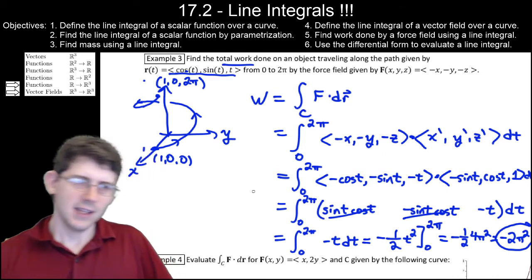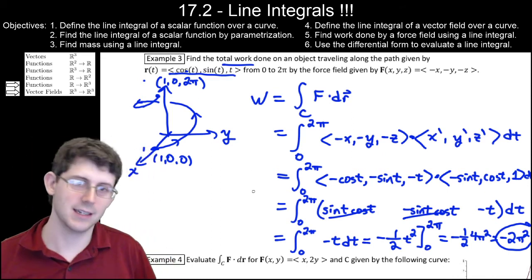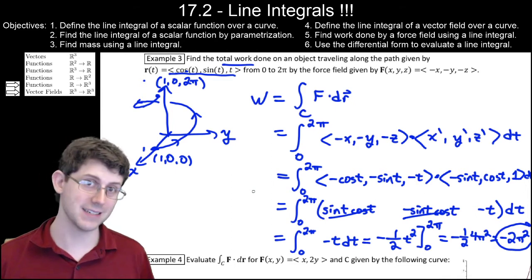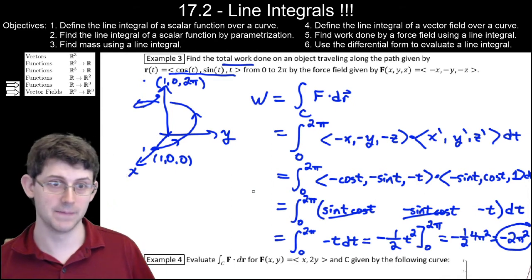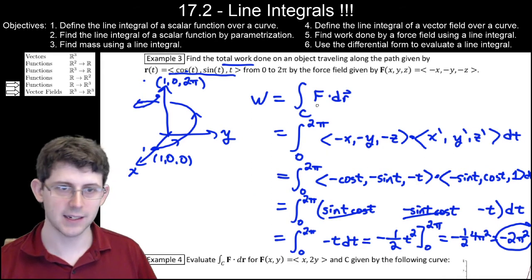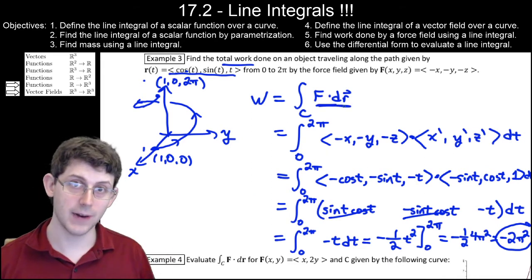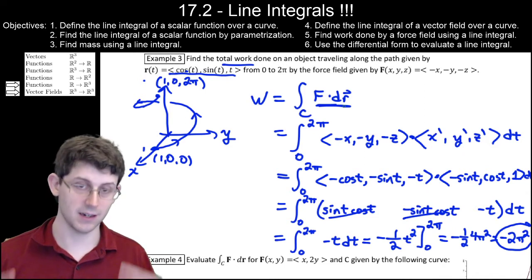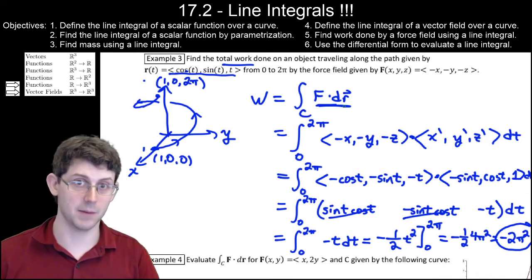So here's the permanent question. What's the deal with the sign of this value? Like when I get a positive number versus when I get a negative number. If you dot two vectors that are going the same direction, you get a positive number. If you dot two vectors that are going in opposite directions, you get a negative number.